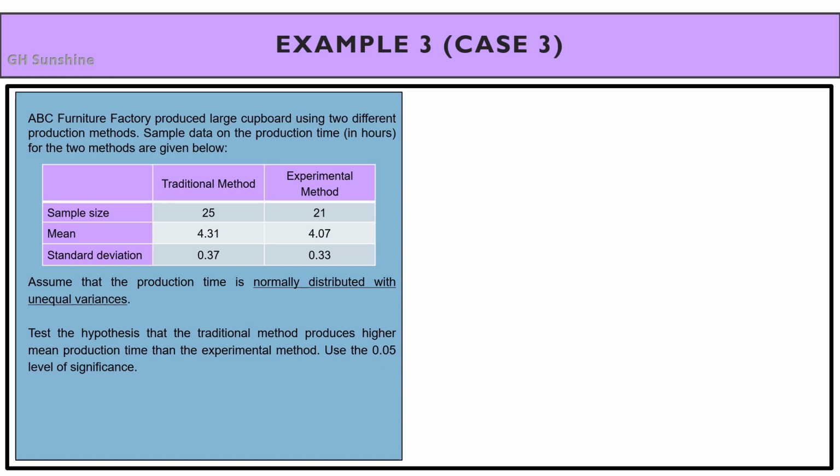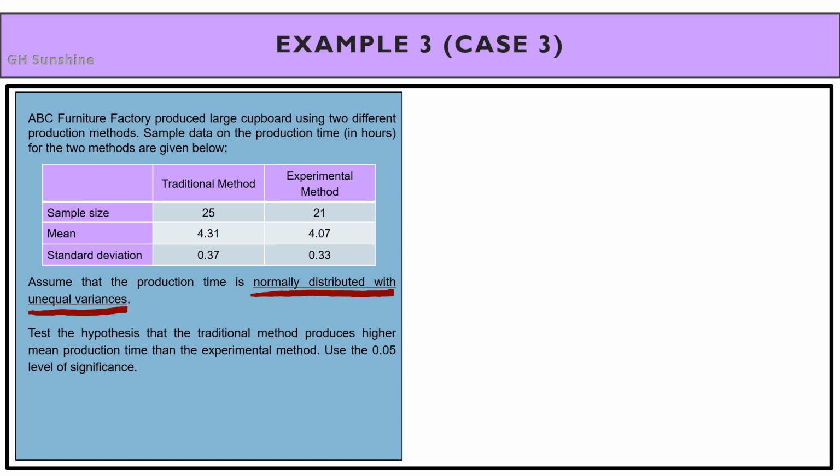ABC Furniture Factory produced large cupboard using two different production methods. Sample data on the production time for the two methods are given below. Assume that the production time is normally distributed with unequal variances. So this one, direct statement. That's why this example is categorized as case number 3.